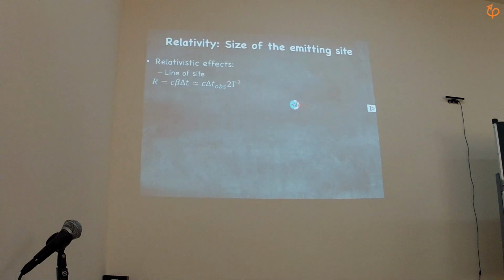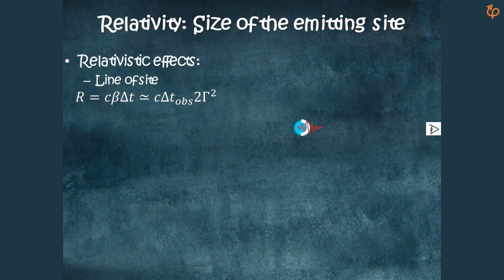The way to solve it is, again, to understand that things are moving relativistically. This very short delta t can only be explained if the object is moving relativistically, and I'm going to show it to you now. Let's assume that I'm located exactly on the direction of the motion of this blob, and that when the blob is ejected, it is emitting a photon.